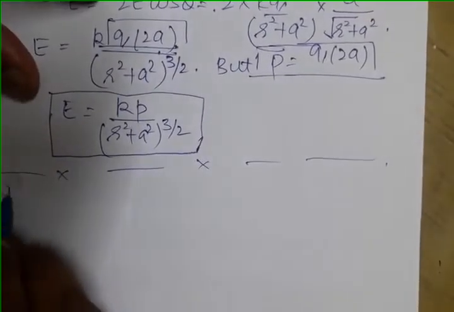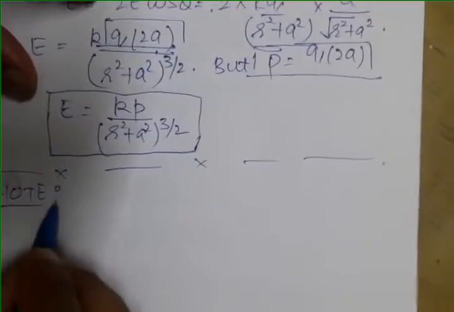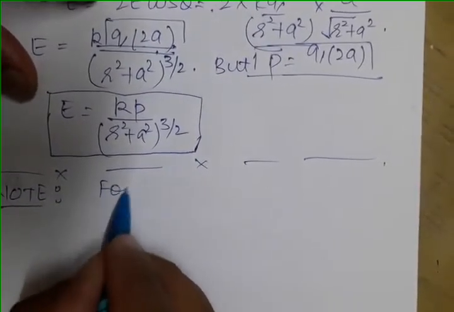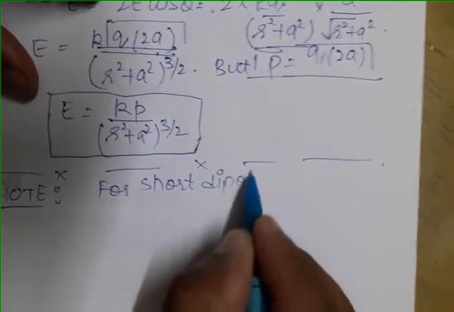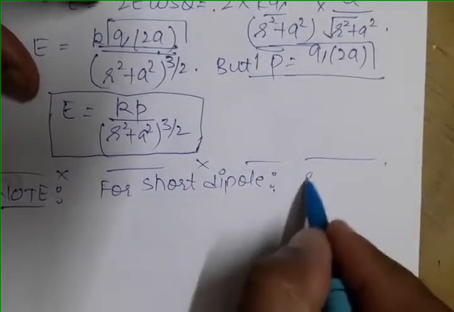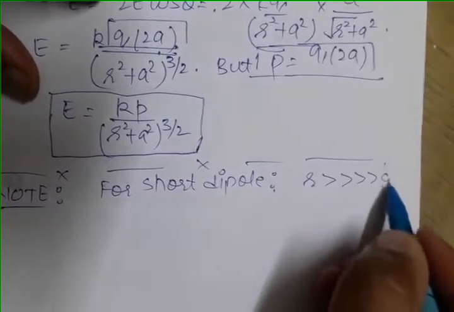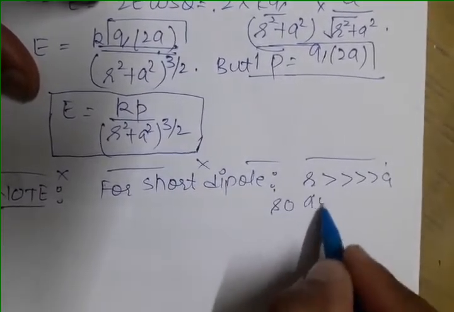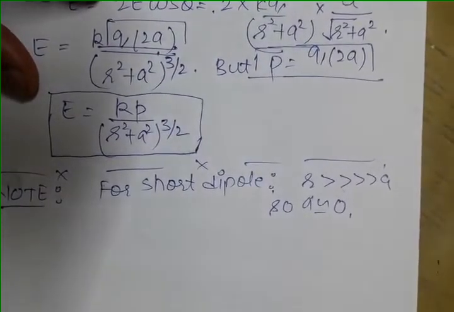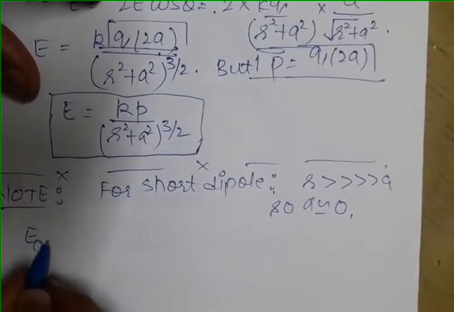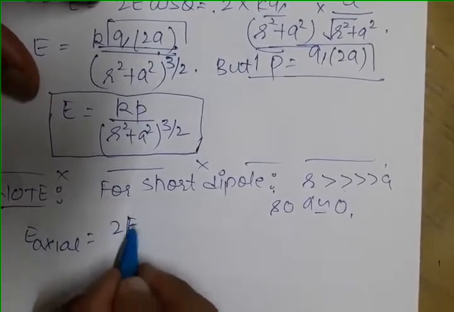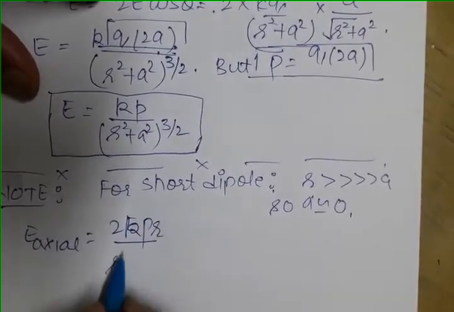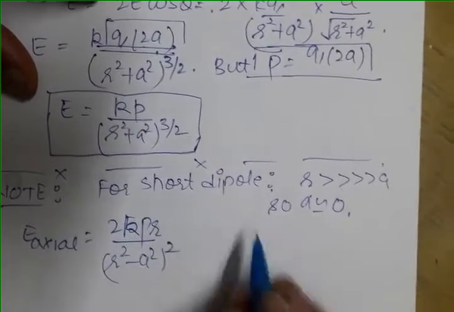Now write a note. There is another term, short dipole. The condition for a dipole to be short is that r is much greater than a, so that a is approximately 0. We know that on the axial line we found the expression 2kpr upon r square minus a square whole square.